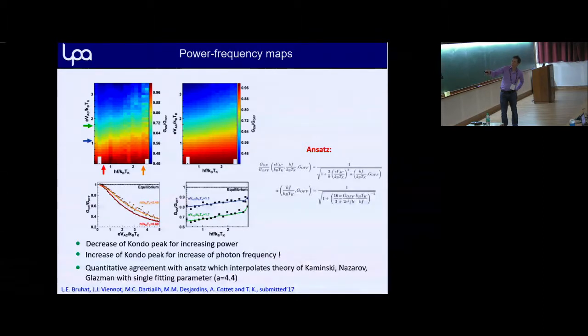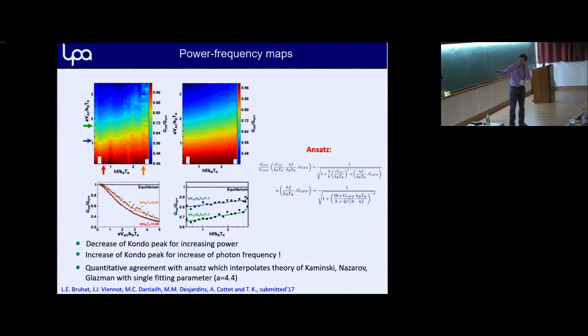Both are normalized by the Kondo temperature. And here is the theory, which is not directly taken from the paper by Kaminski, Nazarov, and Glazman, because they could study only limiting cases. So we found an ansatz which interpolates between all the limiting cases: high power, low frequency, high frequency, low power, etc. And this is the theory.